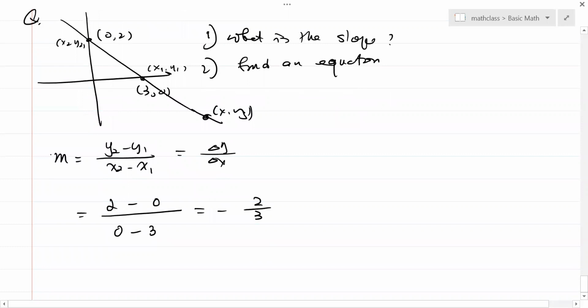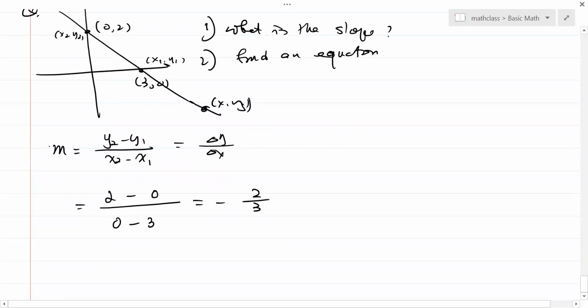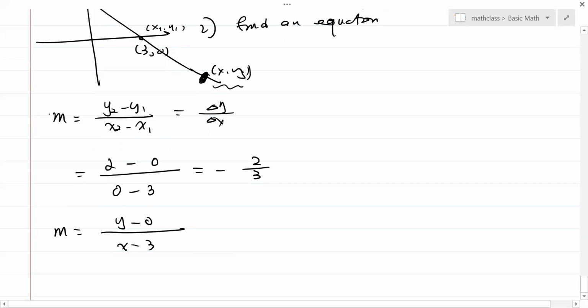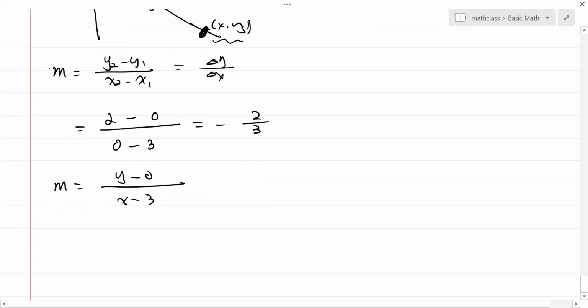Now, how do you get the equation? How do you get the relation between x and y? So this is an arbitrary point. You can also calculate the slope in a different way. You can say, I'm going to use (x, y) as a second point. Then what you get is (y minus 0) over (x minus 3), which should be the slope. So therefore you have the identity.